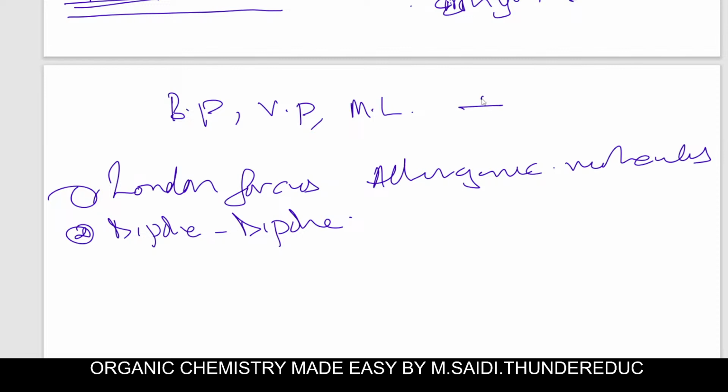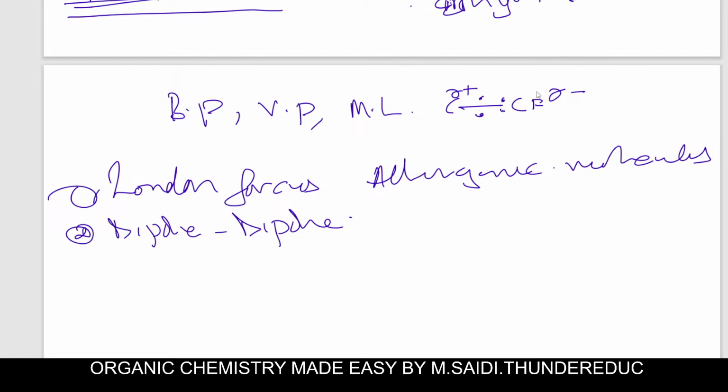If this is fluorine, it's going to pull it toward itself, and because it gains the electrons, it becomes partially negative, and it leaves the other one partially positive.